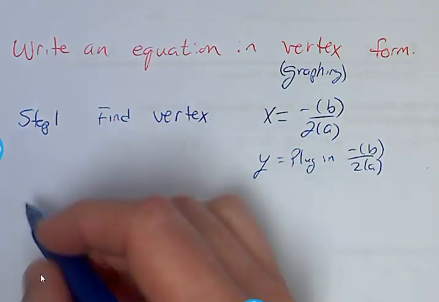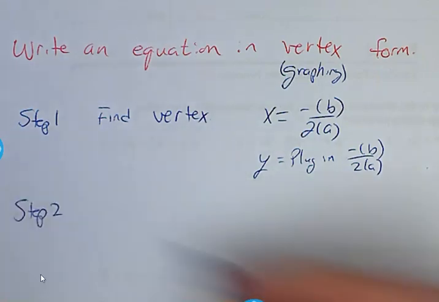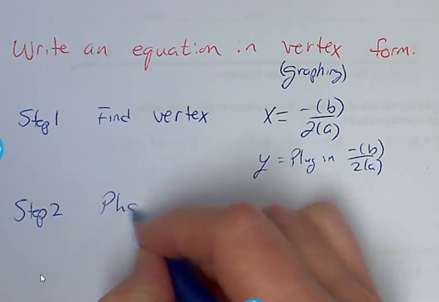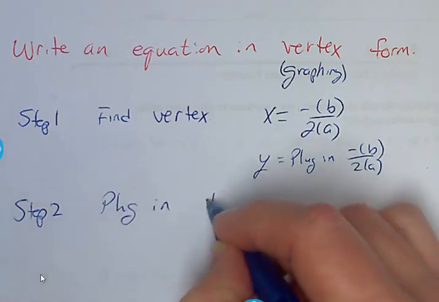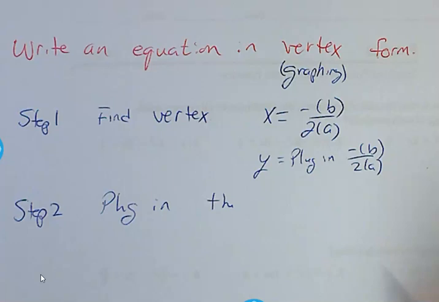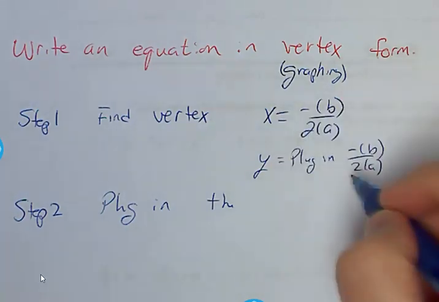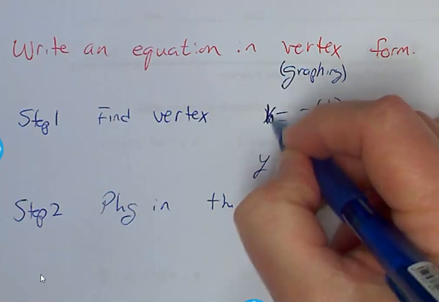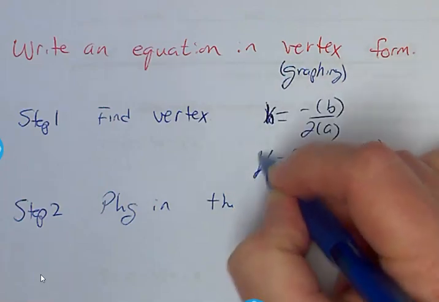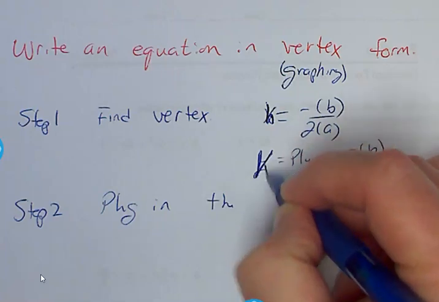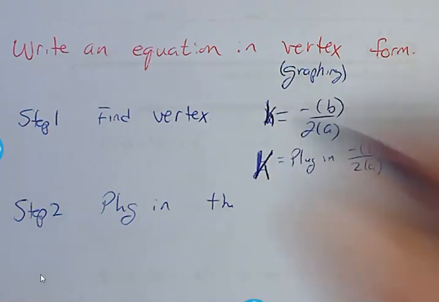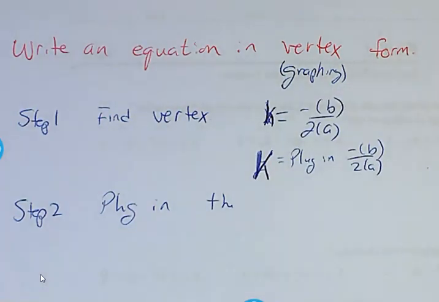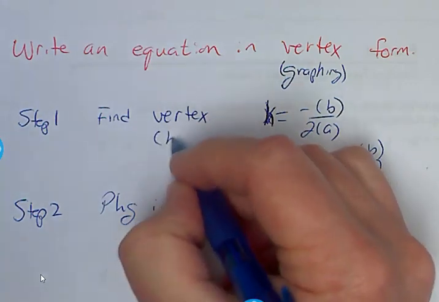Okay, and then the second thing you're going to do is plug in. Actually, when you do your vertex on this one, we call it that, but technically this is your h and your k values. Let's make that h and k there. Sorry about that. Now that's going to get confusing in a second. Even though it's the vertex, when you find your vertex, we always talk about the h and the k.